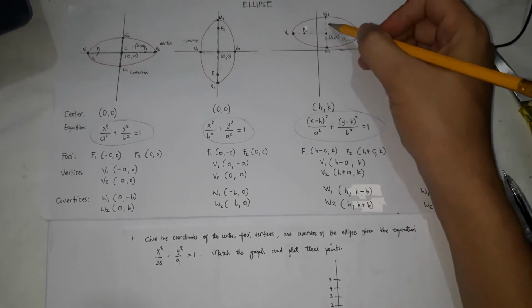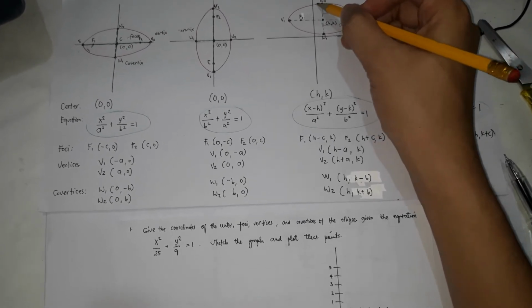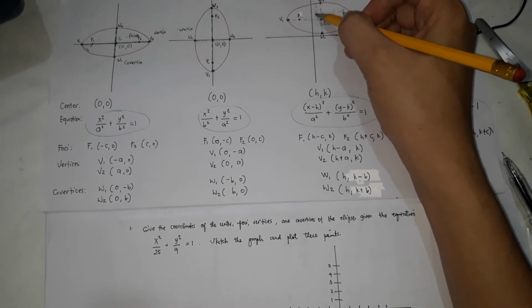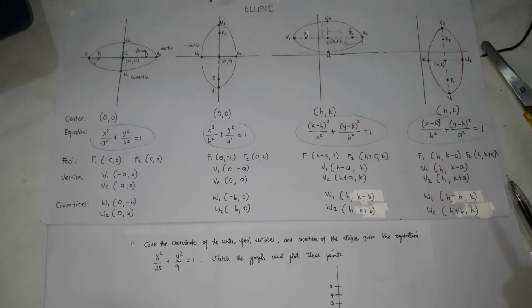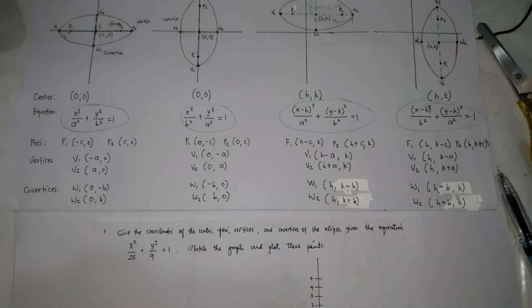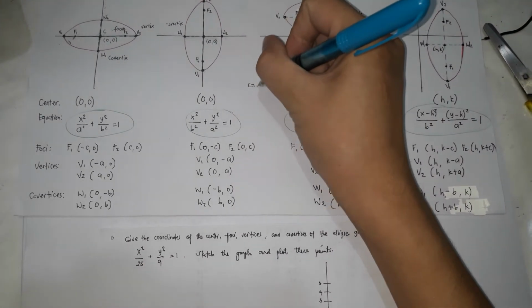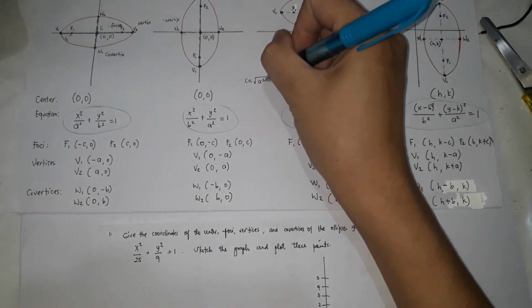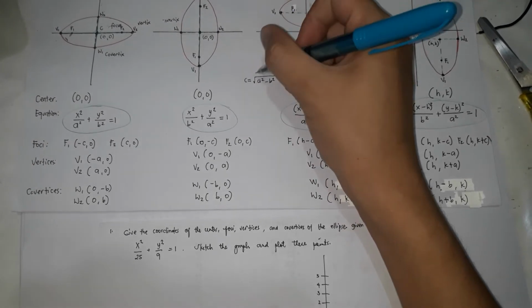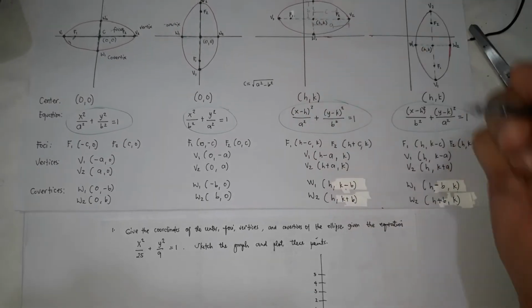That's A. Dito naman, patungo kay foci, that's C. From co-vertex hanggang kay center, that's B. So, if you could see in the equation, wala dyan si C. So, how are we going to get C? C is equal to the square root of A squared minus B squared.